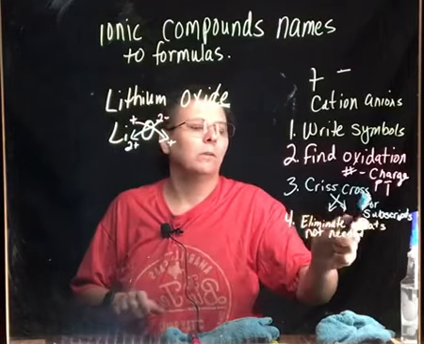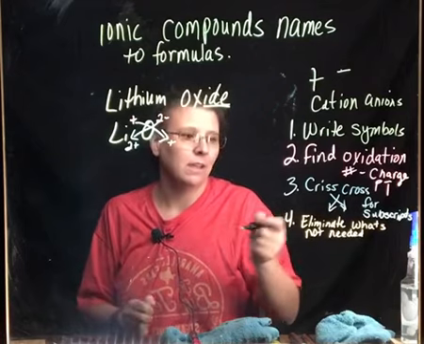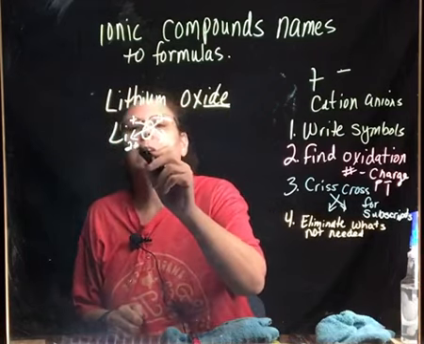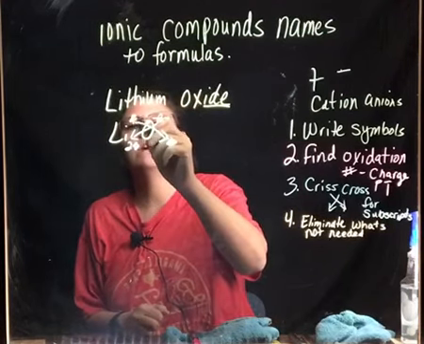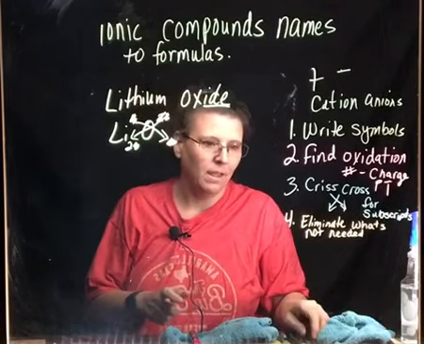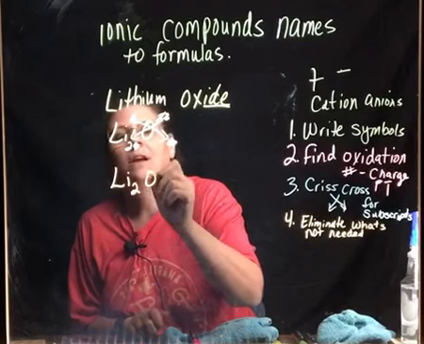We're looking for subscripts. Remember, they go down below, just like submarines. Eliminate what we don't need. So we're going to get rid of our pluses and minuses at the bottom, and get rid of the whole top area. And our final formula would be Li2O, lithium oxide.